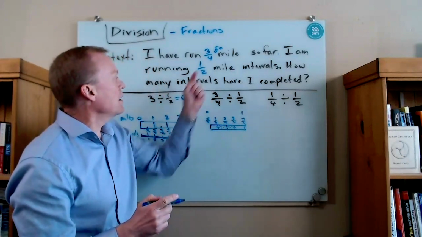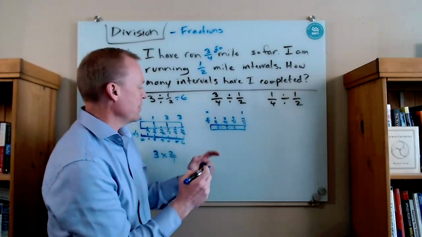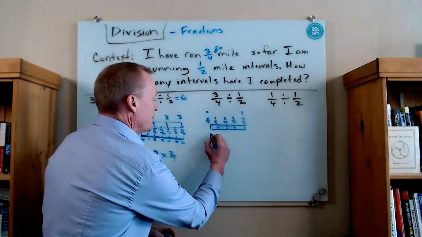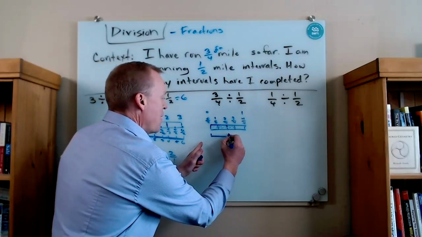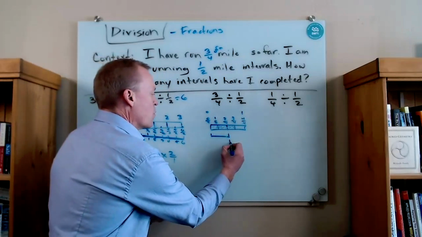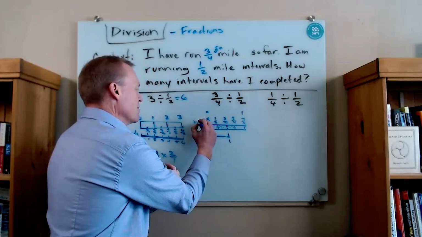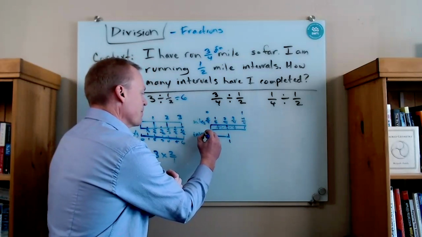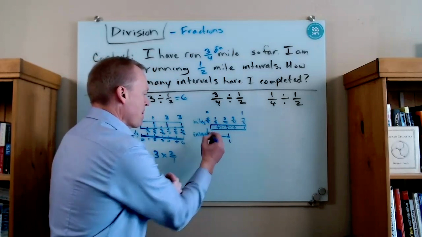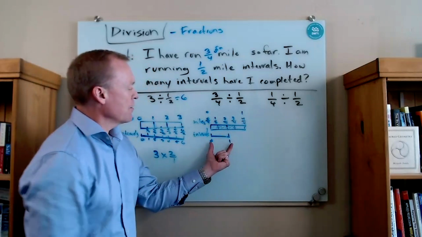Now I'm running 1/2 mile intervals. If I look here, here is my 1/2 mile. That is 1 interval. So here are my miles, here are my intervals. I've run 1 interval.